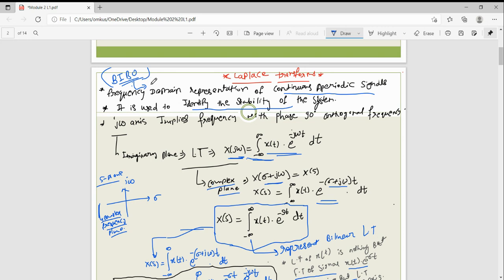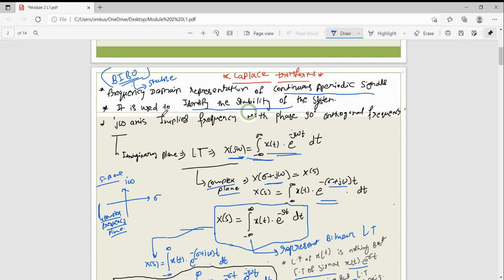If you find such a signal, then you can say this system is a stable system. Or if, for a bounded input, you get an unbounded output, then that system is called an unstable system, right? Now, this frequency transform is mainly used for frequency domain representation of continuous or periodic signals.